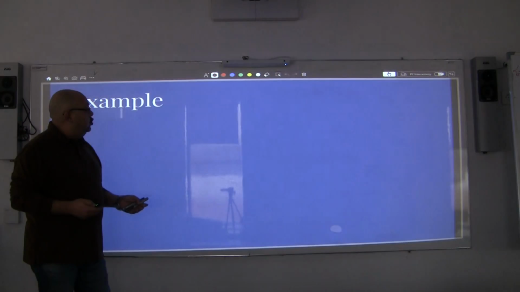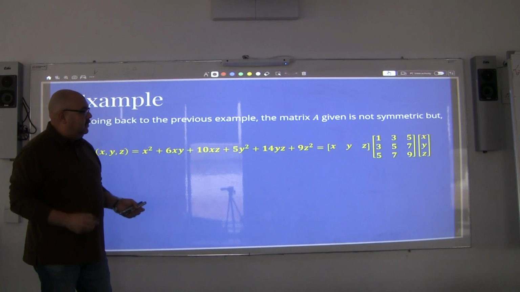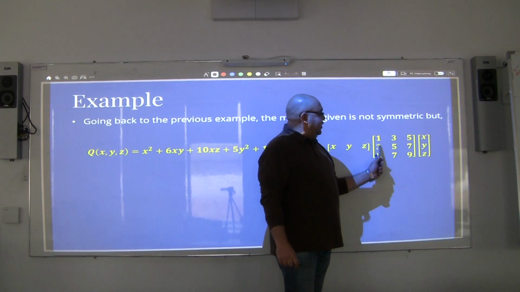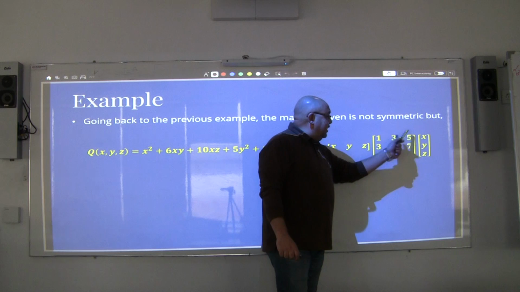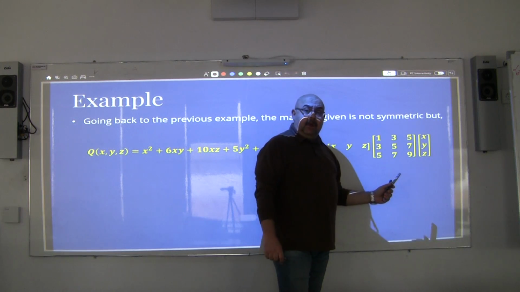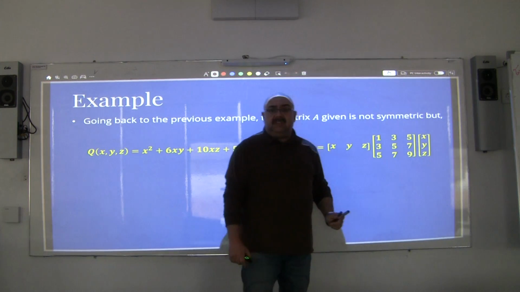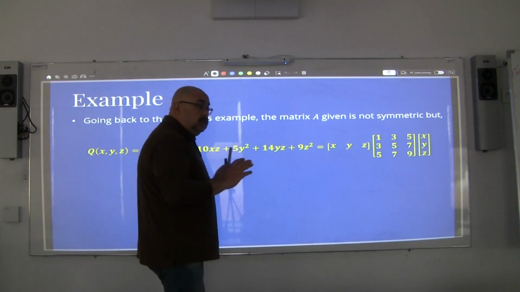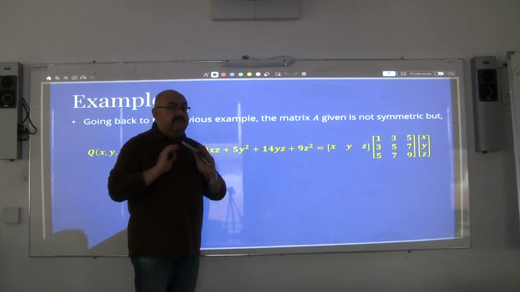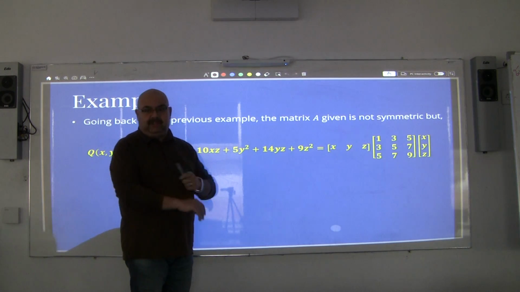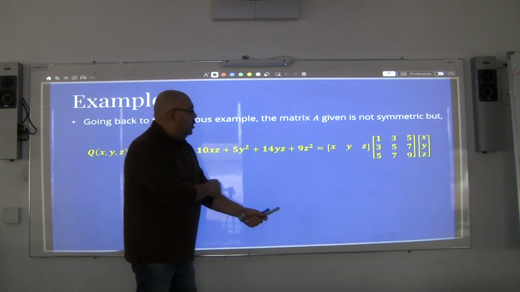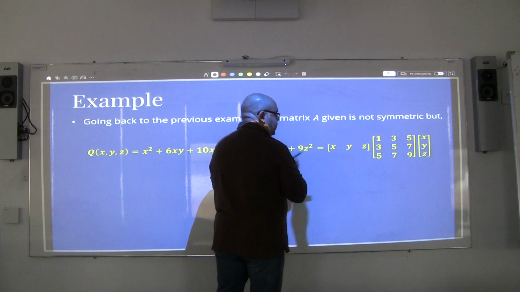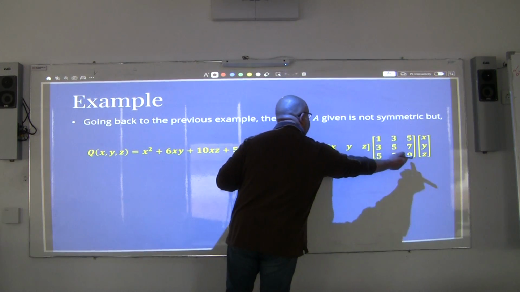So once more, if I have this example, 1, 3, 5, and 3, 5, 7, and 5, 7, and 9, this matrix is a symmetric matrix. For symmetric matrices, I can evaluate the quadratic form very quickly, even without the multiplication. All I have to do for x, y, and z is start with the diagonal elements 1, 5, and 9.